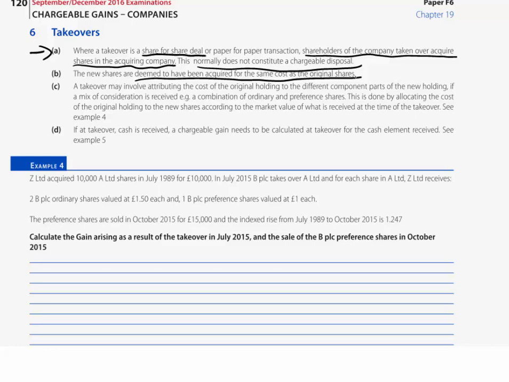A takeover may involve, again this third point, attributing the cost of the original holding to the different component parts of the new holding. If it was a very simple takeover, such that I had a share pool for A plc that said I had 10,000 shares that had a cost of £50,000 and an index cost at that date of 60,000.